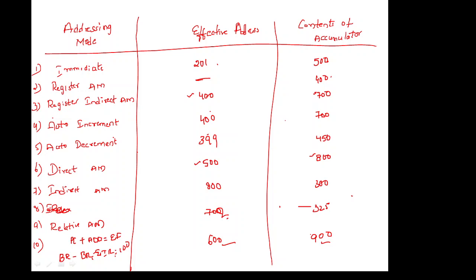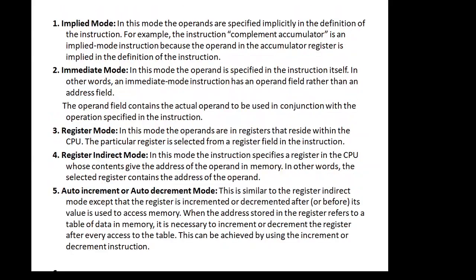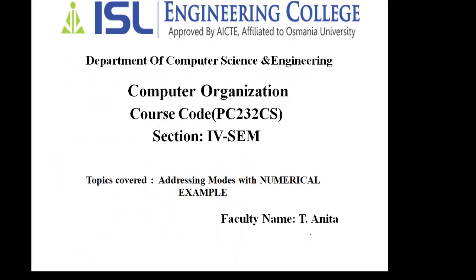So this is how the accumulator contents are modified each and every time we perform an operation. Fine. This is how different addressing modes are worked out with a numerical example. Don't take it lightly.